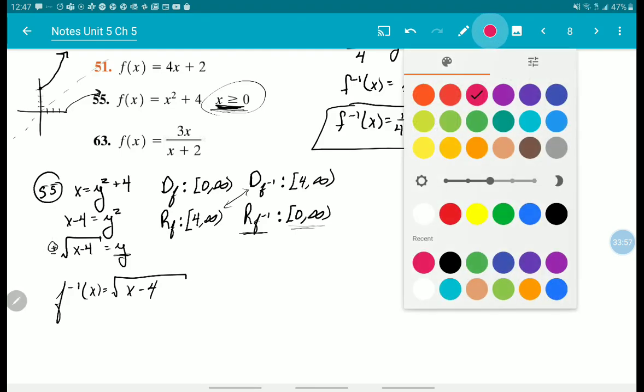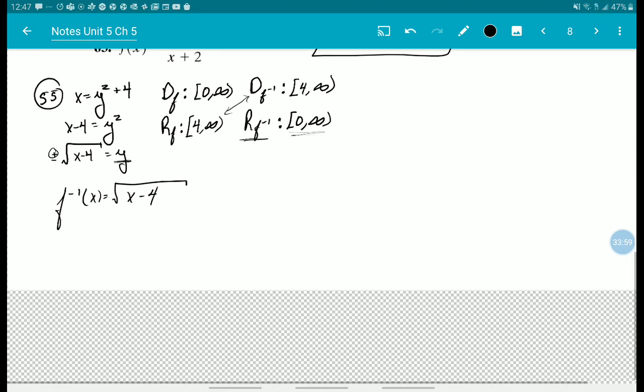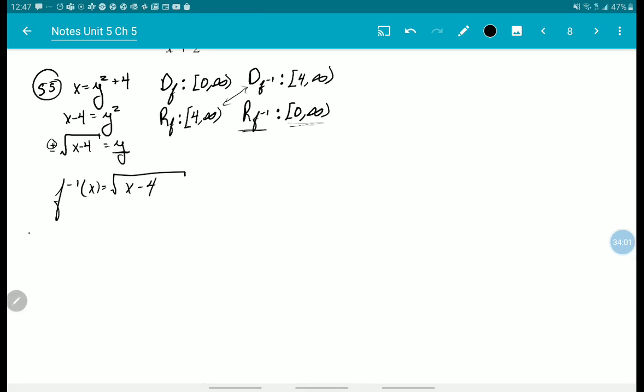And then let's look at that last one, 63. Let's find that inverse function. So we are going to switch x and y. And then we're going to solve that guy for y. So to solve for y, we're going to multiply both sides by the y plus 2.